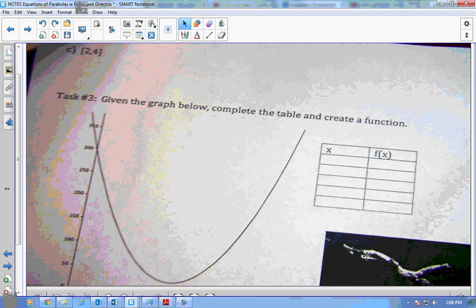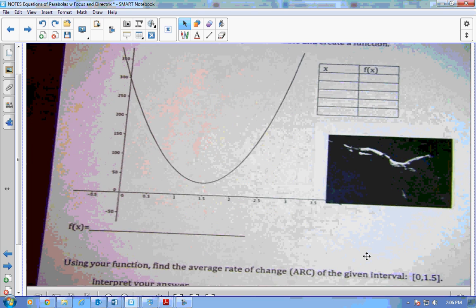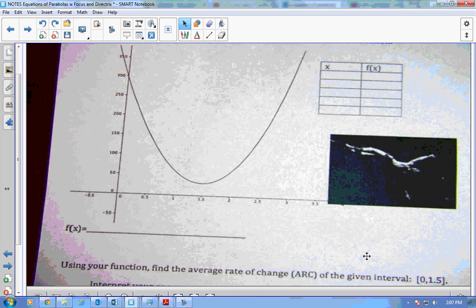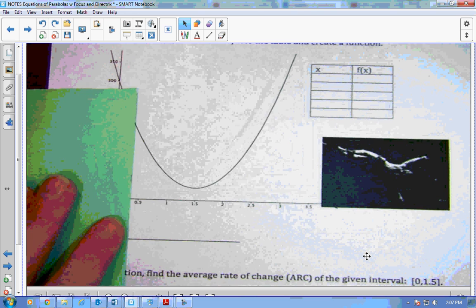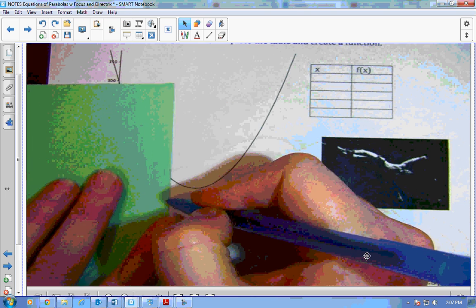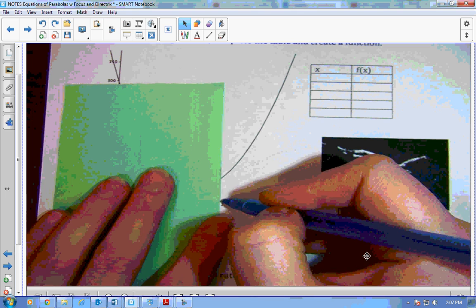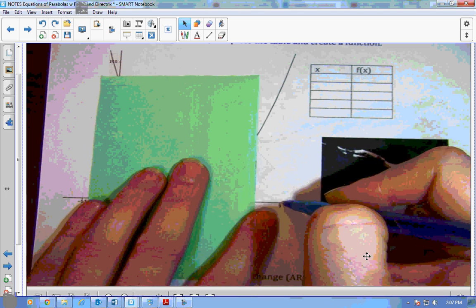Okay, flip it to the back really quick where we see a nice quadratic. Here's your hint on this one. If you have a graph and you need to find the average rate of change for a given interval with a graph, I would just take a ruler, maybe, or something straight, and connect this up, nice and perpendicular, okay, and then you can do it.